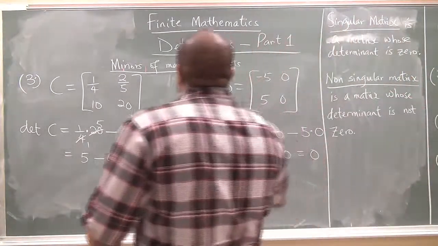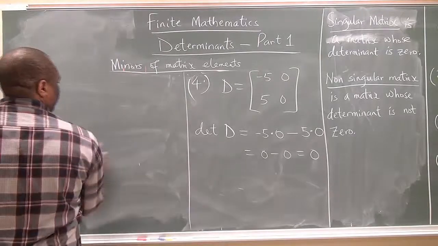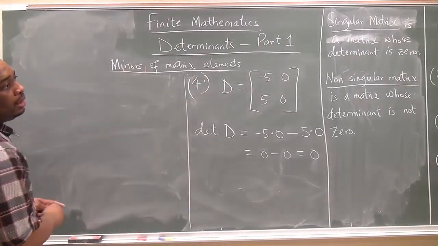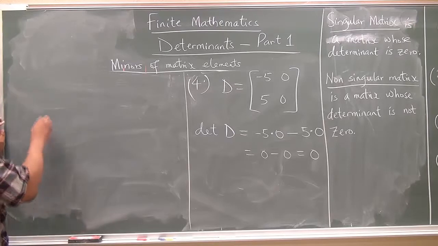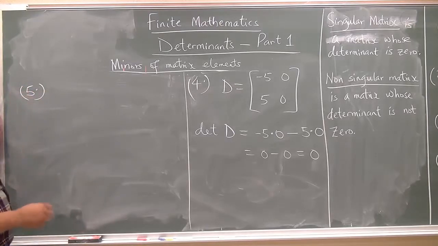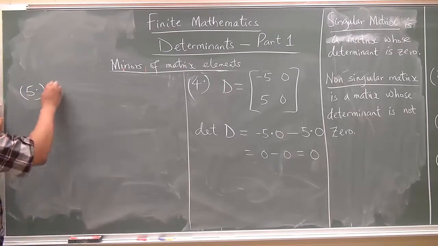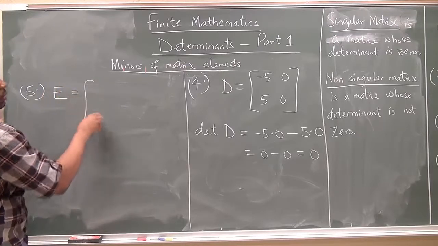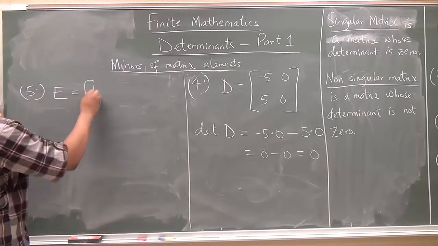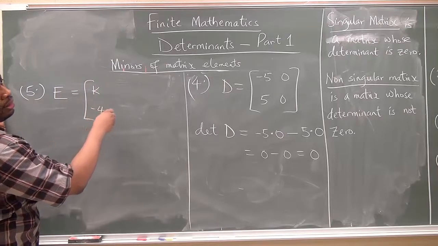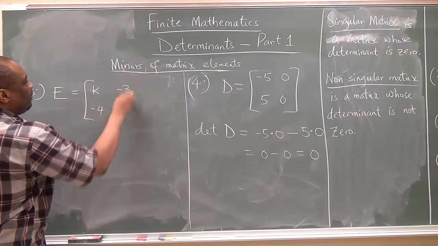Okay? Now let's go ahead and finish this, please, so that we have a question 5. Matrix E is equal to, by column, this is K, negative 4, and negative 3K.